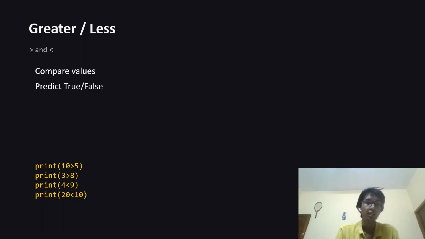Let's predict first: 10 is greater than 5, the value will be true. 3 greater than 8 will be false. 4 less than 9 will be true. 20 less than 10 will be false. You all have to run this and we'll see if the output is the same as what we predicted. In case you are not able to do it, we'll do it together. Your time starts now.